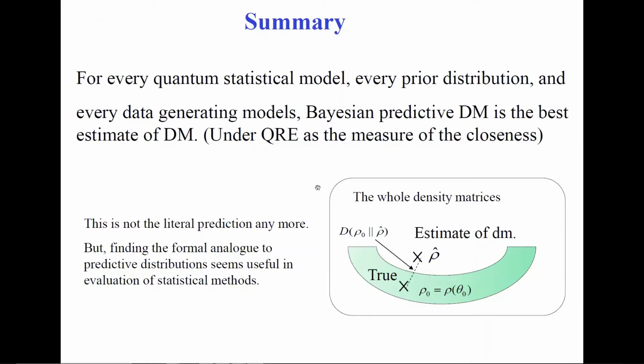Now, let's summarize today's talk. For every quantum statistical model, every prior distribution, and every data generating model, the Bayesian predictive density matrix is the best estimate of the density matrix, with quantum relative entropy, an extension of Kullback-Leibler divergence, as the measure of closeness.